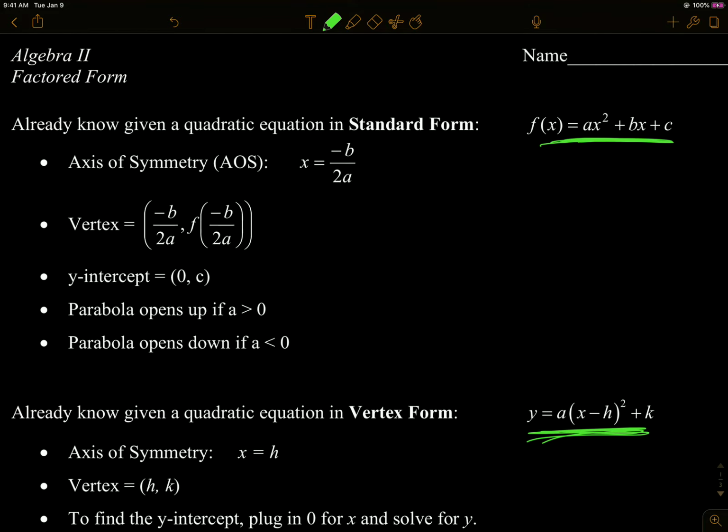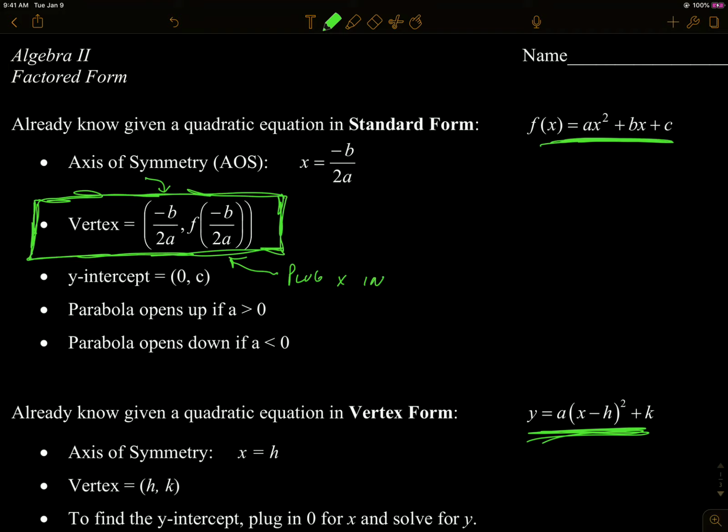The thing I want to point out is when you're graphing, the first thing you must do is find the vertex, always. So in standard form, we learned that we find the x value by negative b over 2a. Then plug that x in to find y of the vertex.